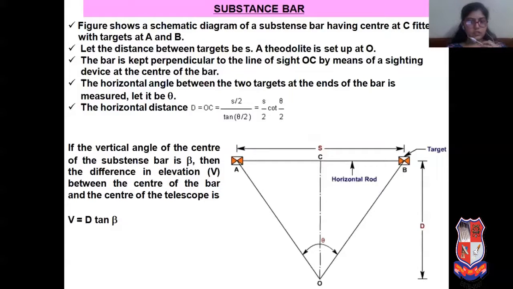Now let's derive the formula for horizontal distance and vertical distance in subtense bar.